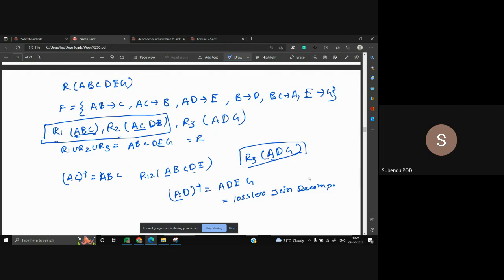Sometimes you have to see the common attributes. Suppose R1 is AB and R2 is CD, and R3 has nothing common with R1, R2. Then you have to start with R2, R3, so you have to see the common attributes.